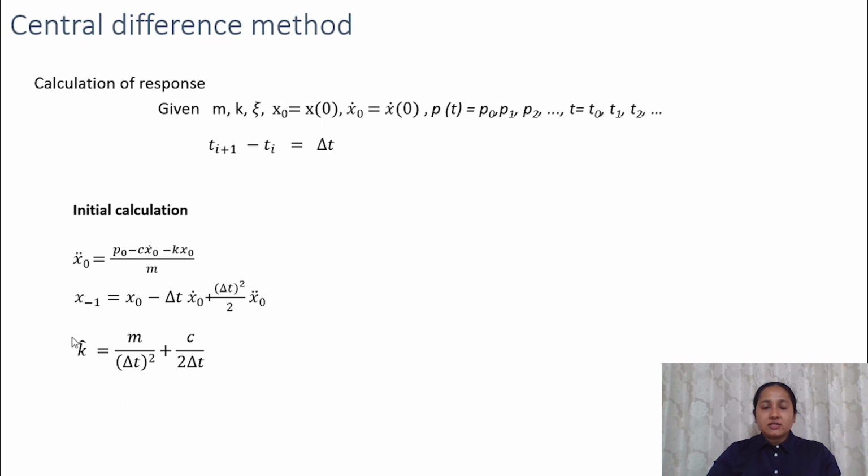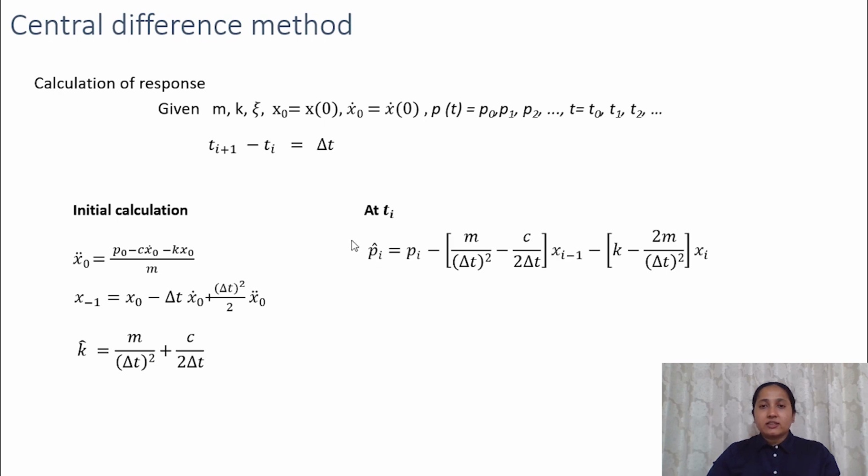So after these things are calculated, at each instant, we can calculate the effective force, because the force varies with time. So the effective force will be different at each time instant. So at each instant we can calculate this effective force. So in this all the quantities are known now.